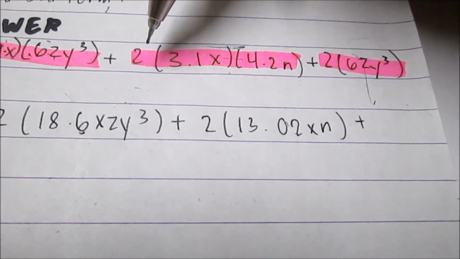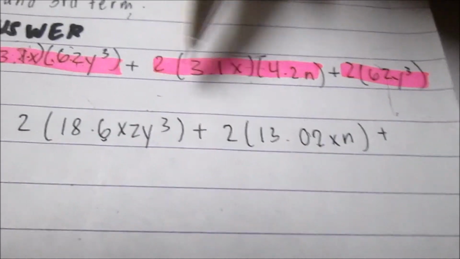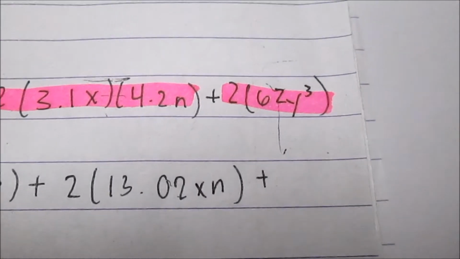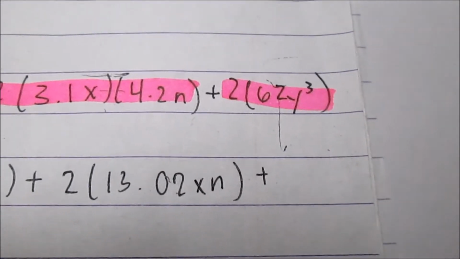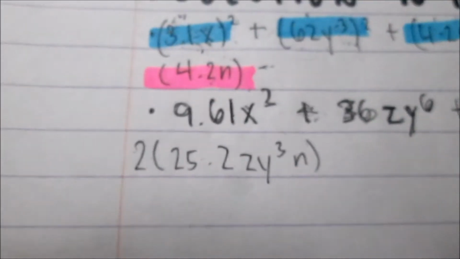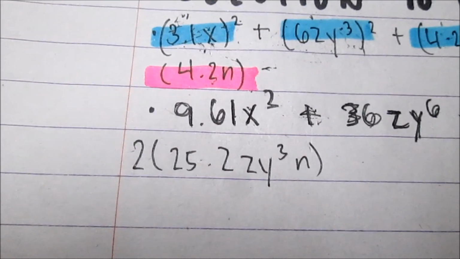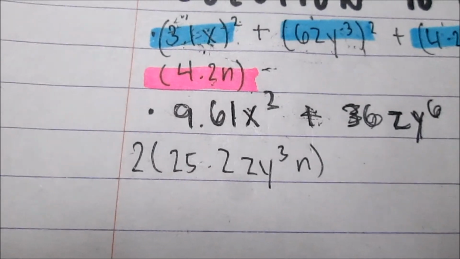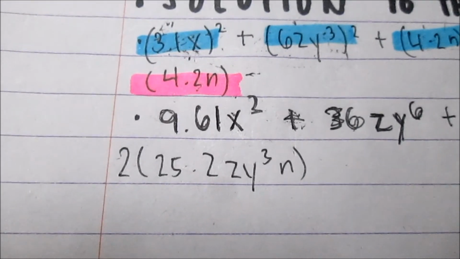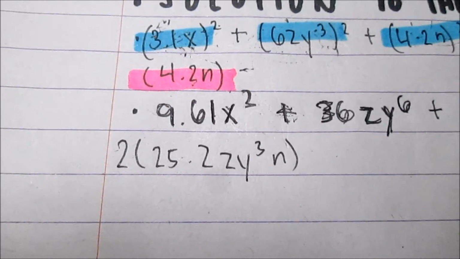And again, we did not use the 2 because later on we will use it. And the last step, twice the product of the second and third term. The product of the two terms, 6zy³ and 4.2n, is 25.2zy³n.